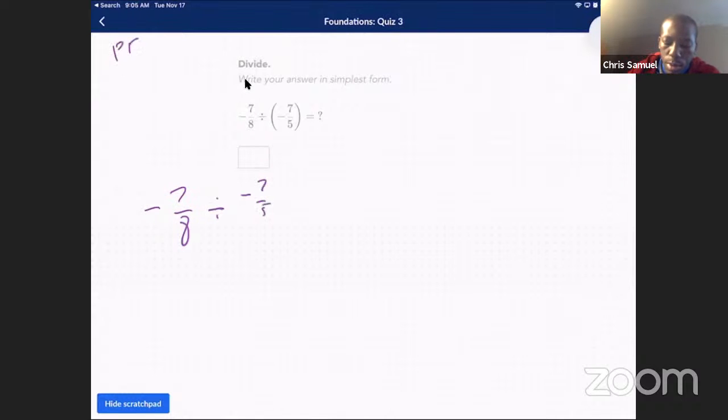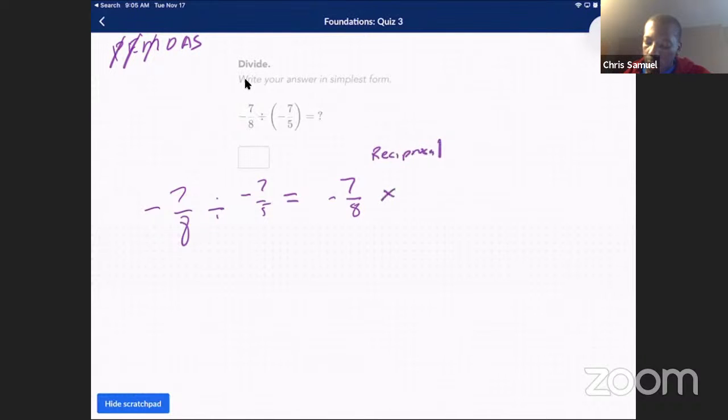Remember the PEMDAS rule. We start with the parentheses, then exponents, then multiplication, then division. For division, we flip this first to get the multiplication. Then we do the reciprocal.